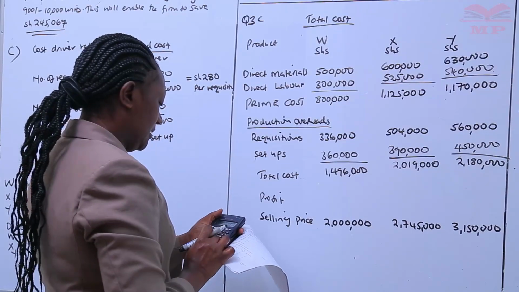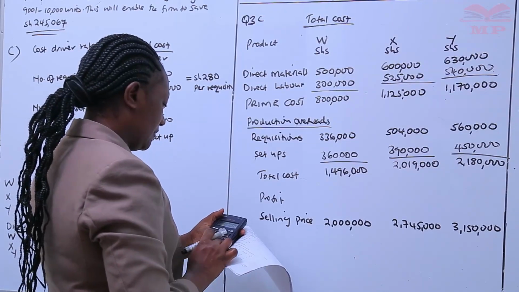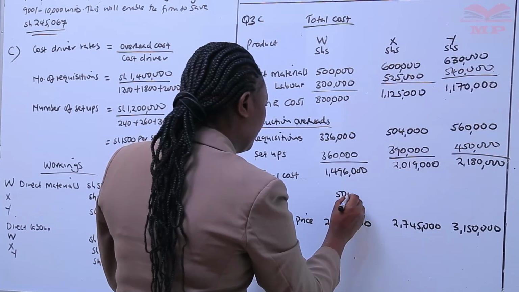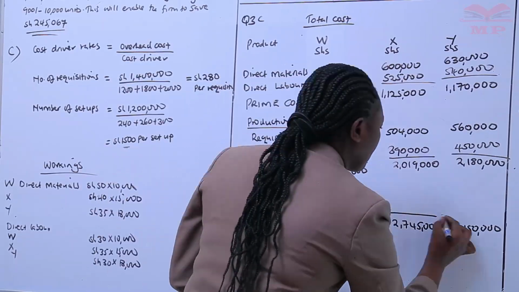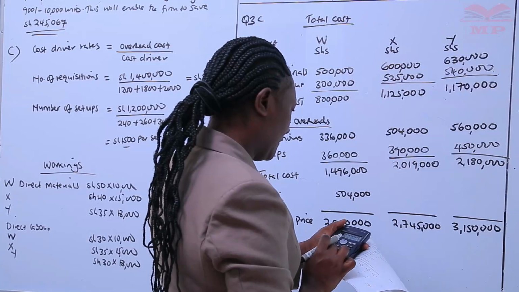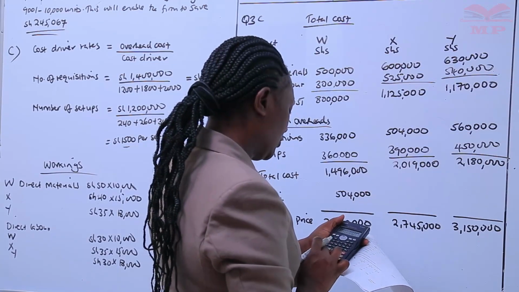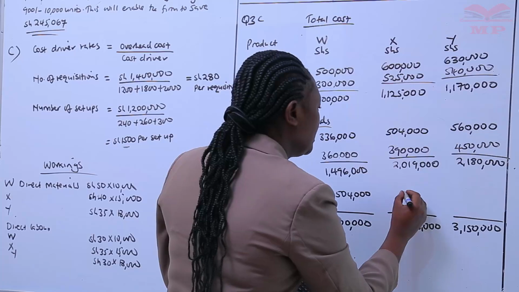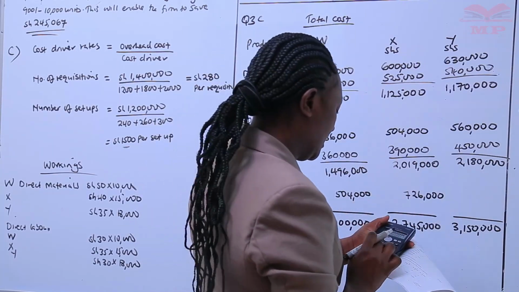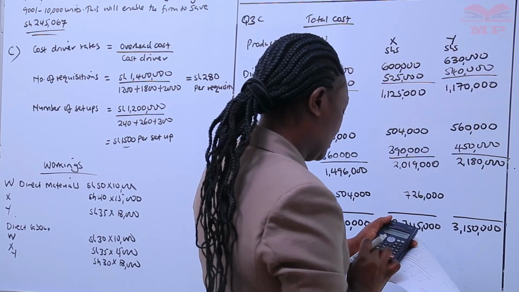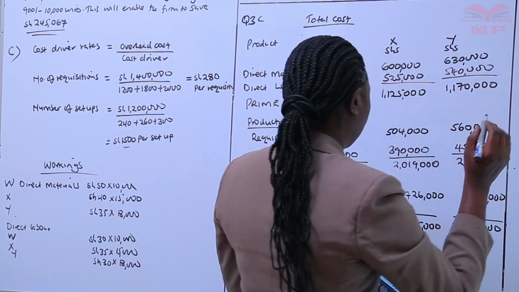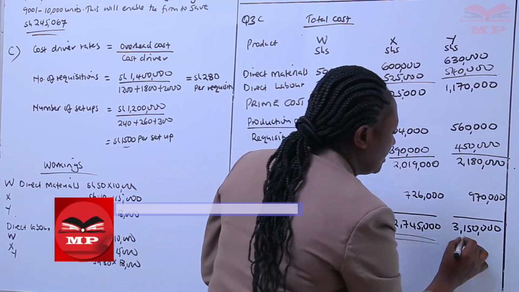So we have 2 million minus 1,496,000, which will give us 504,000. Then for X, we have 2,745,000 minus 2,019,000, which gives 726,000. And then Y, 970,000.